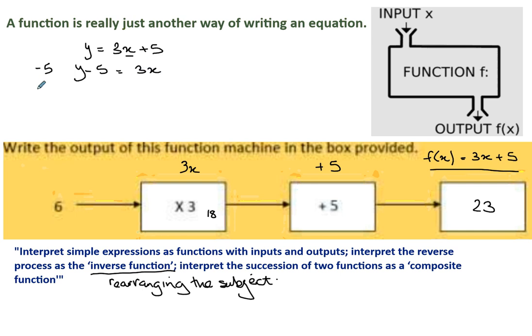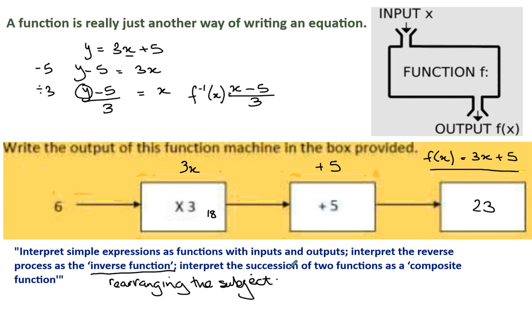Times 3, so we divide by 3: y minus 5 divided by 3 equals x. Then where we've got the y, we just put the x back. So the inverse of 3x plus 5 would be x minus 5 over 3, and that would be your inverse function of x. It's written as f minus 1.